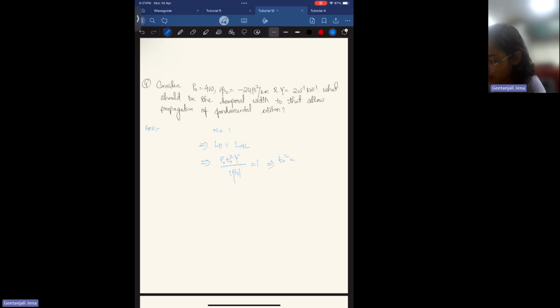So T0 squared is beta 2 over gamma P0. Let us put in the values: beta 2 is 24, gamma is 2, P0 is 4. So T0 is the square root of 3, and the unit will be picosecond, which is 1.732 picosecond.